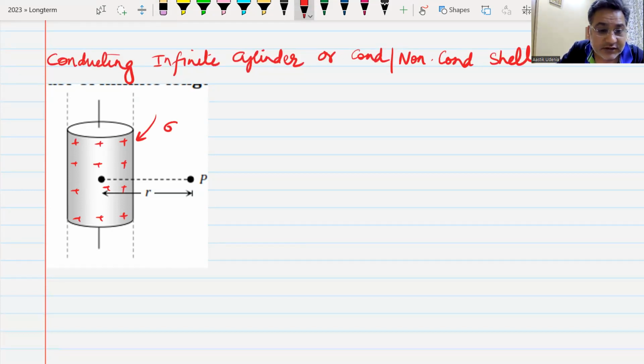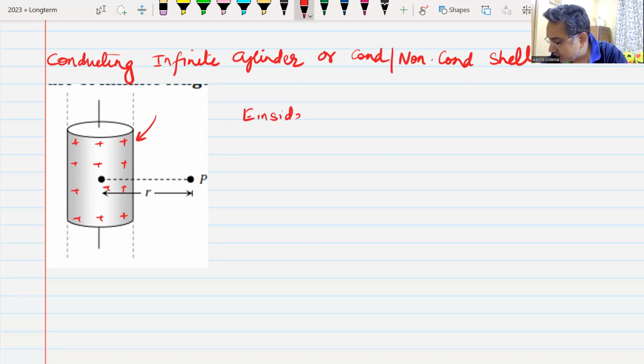So electric field at any point inside would be zero. Do we understand this? Yes, sir.